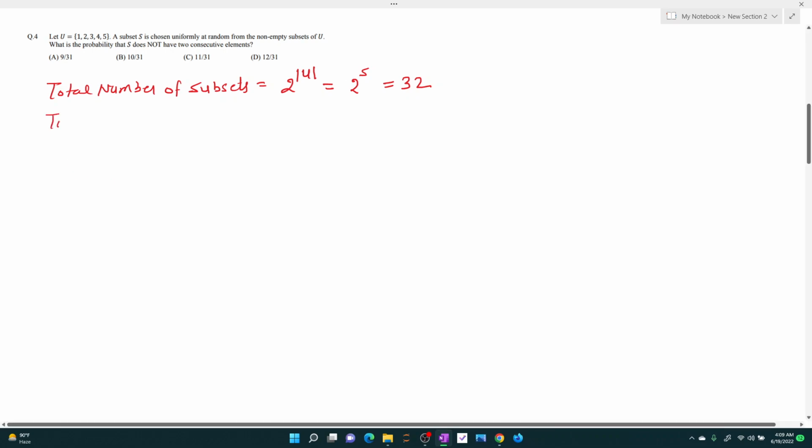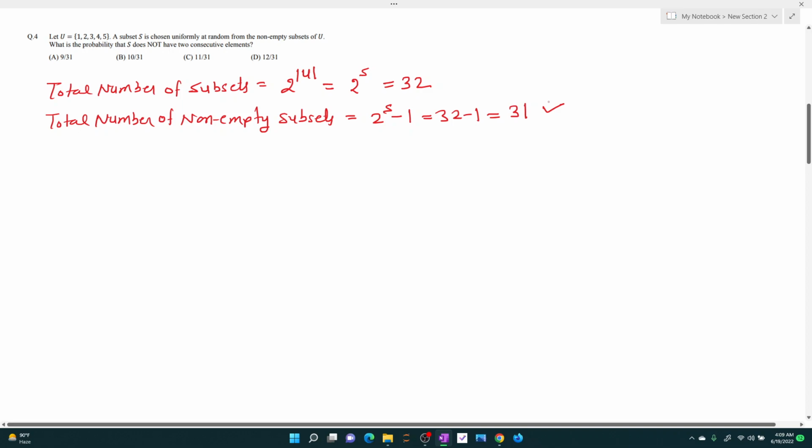So the total number of non-empty subsets is 2 power 5 minus 1, that is 32 minus 1, which is 31, right? So 31 is basically the total number of non-empty subsets.